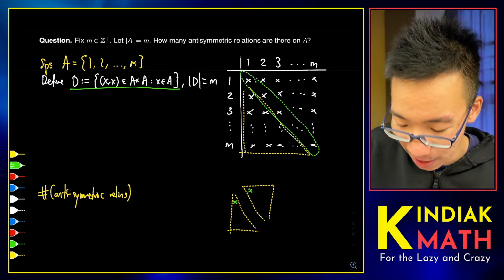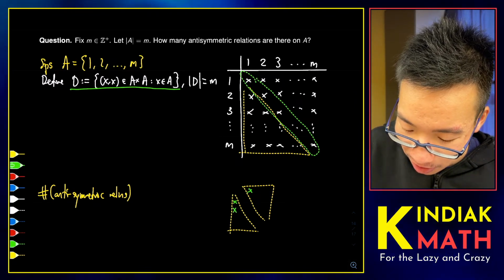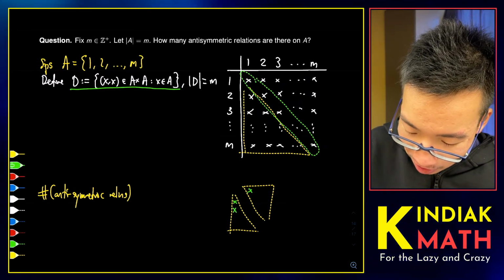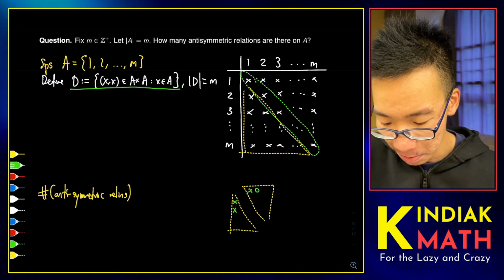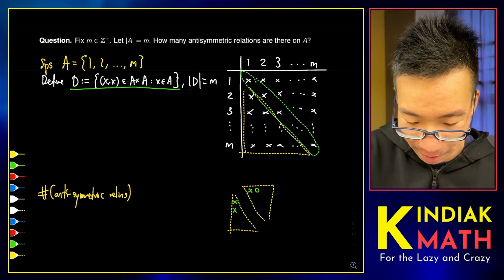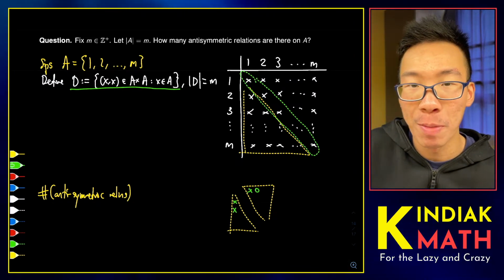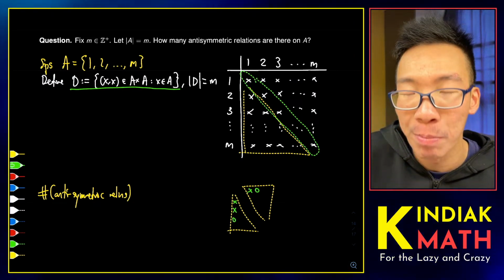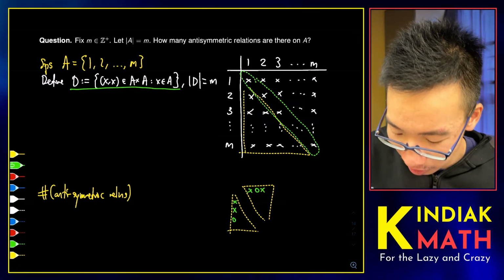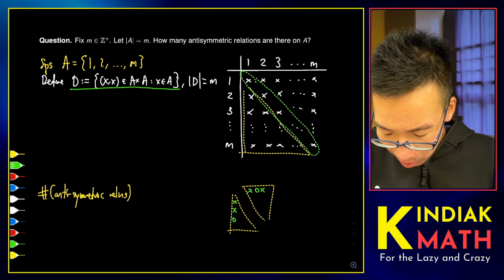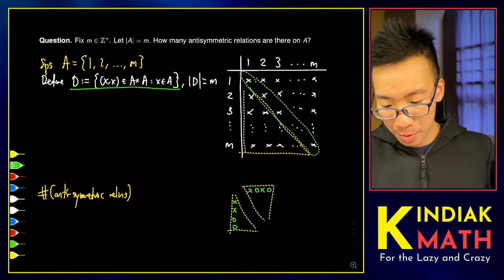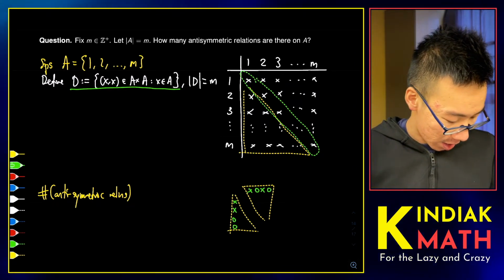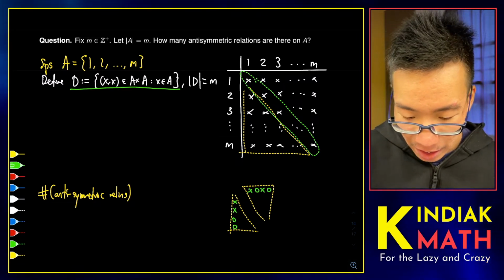The second possibility is that we can choose this item here and then do not include it on the other side. The third possibility is that you don't include the guy in the bottom left, you include it on the top right. And the last one is that you don't include either option. So these are the possibilities which you can make.